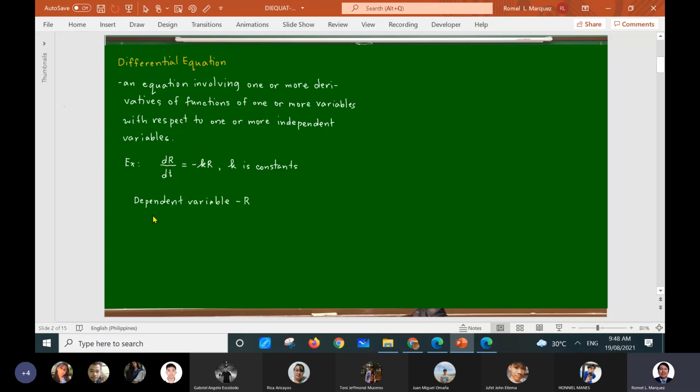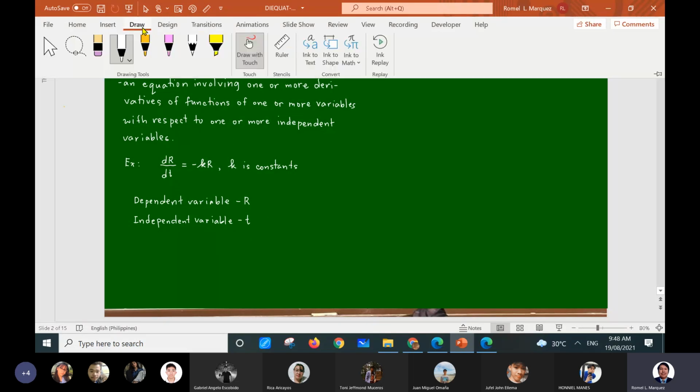What about the independent variable, guys? The independent variable is small t, no? And the big R is the dependent variable.